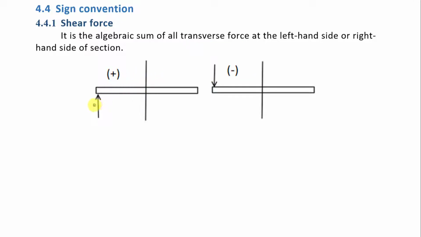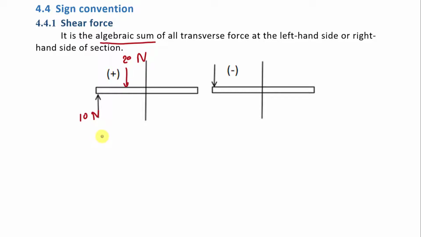Let's say the value of this force is 10 Newton and we apply another transverse force in this direction having a value of, let's say, 20 Newton. In this case, we want to find the value of shear force at this section. So what will we do? We will take the algebraic sum of all transverse forces at the left hand side or right hand side of the section. So here we will take the sum on the left hand side of this section.